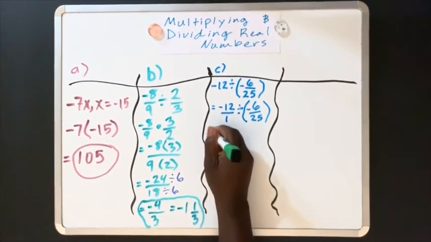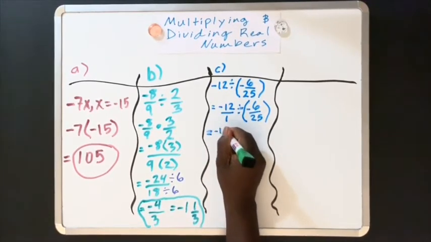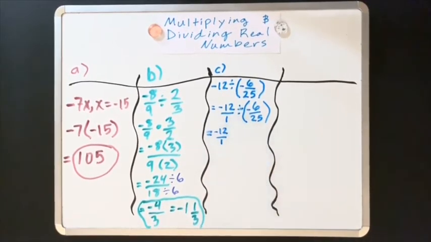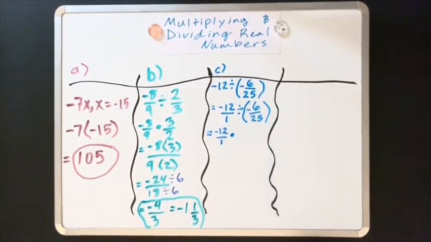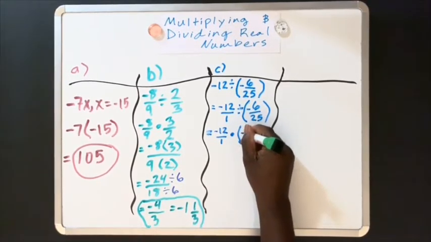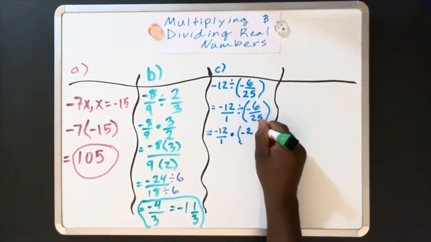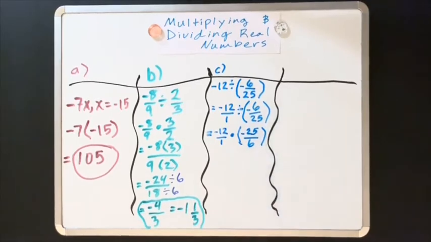So we rewrite it as negative 12 over 1. Keep the first fraction, change division to multiply. And the reciprocal of the second fraction would be negative 25 over 6. That is the reciprocal of the second fraction.